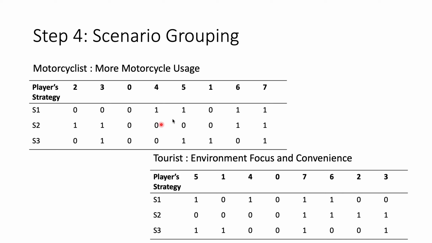This becomes logical when you see scenarios 6 and 7. We can use our motorcycle here with a 1, but the local government restricts the number of motorcycles. So it doesn't make sense that we can use our motorcycle but the government limits the number of motorcycles.